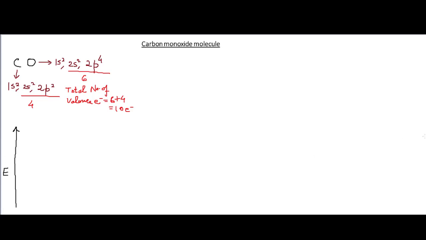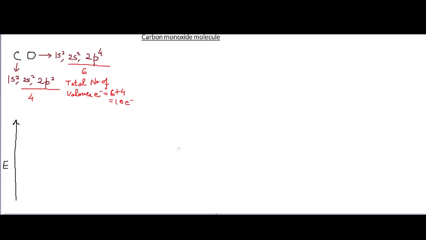If we try to draw an energy level diagram, now we have different atoms, so let us label them as atomic orbitals of carbon and atomic orbitals of oxygen. As we had seen in the previous section, what are the important rules for drawing these.